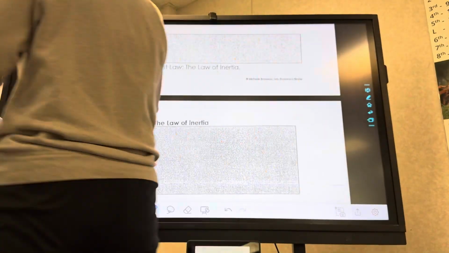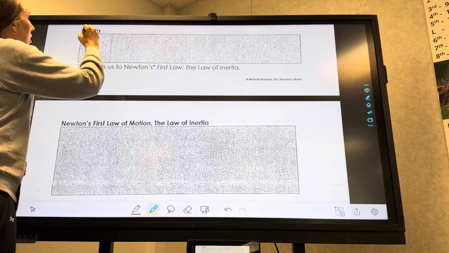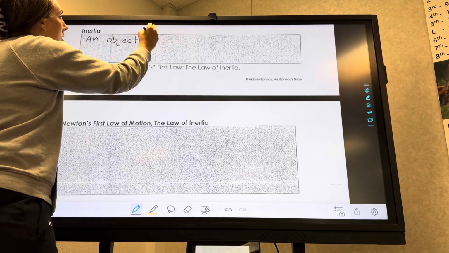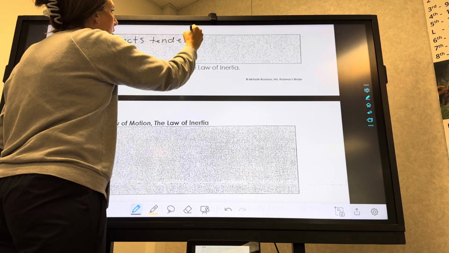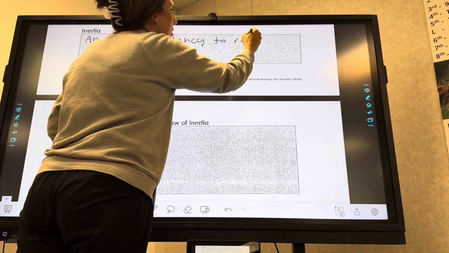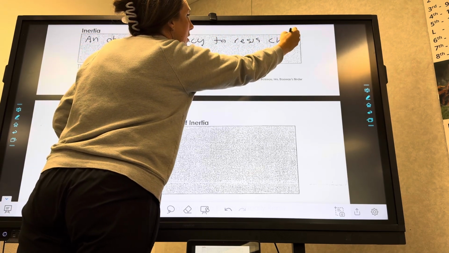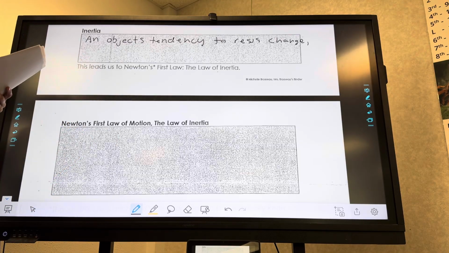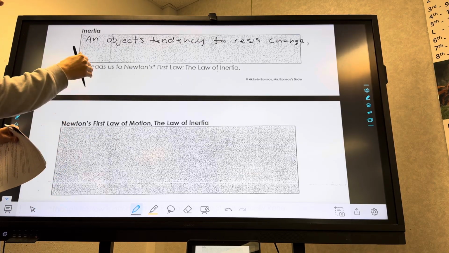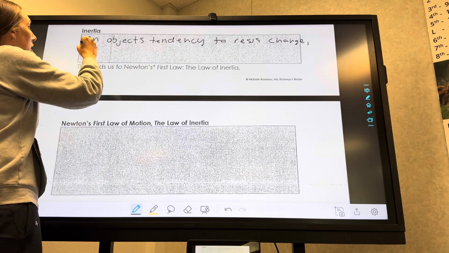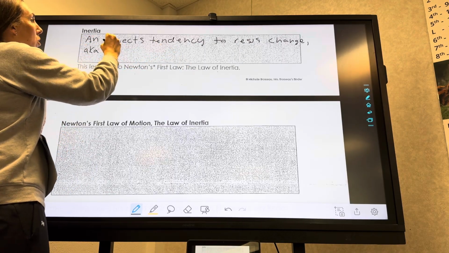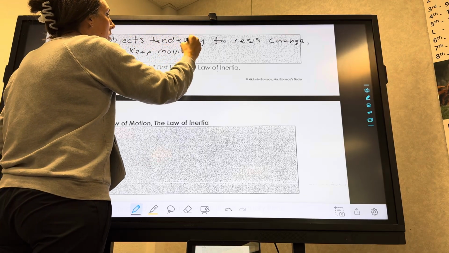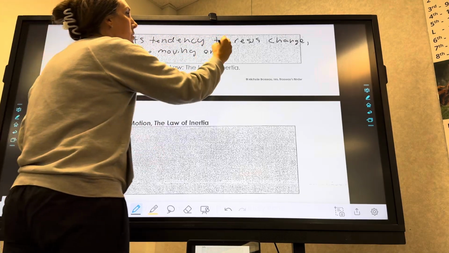So first off, inertia we said was an object's tendency to resist change, which means an object will want to keep moving or remain at rest. So an object's tendency to resist change, aka to keep moving or stay at rest.